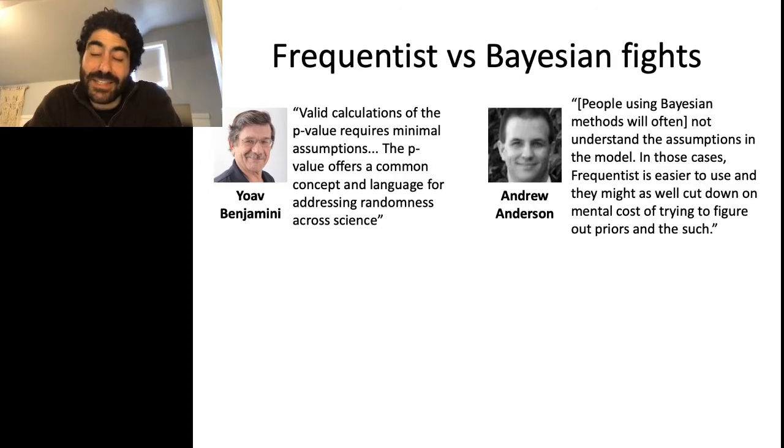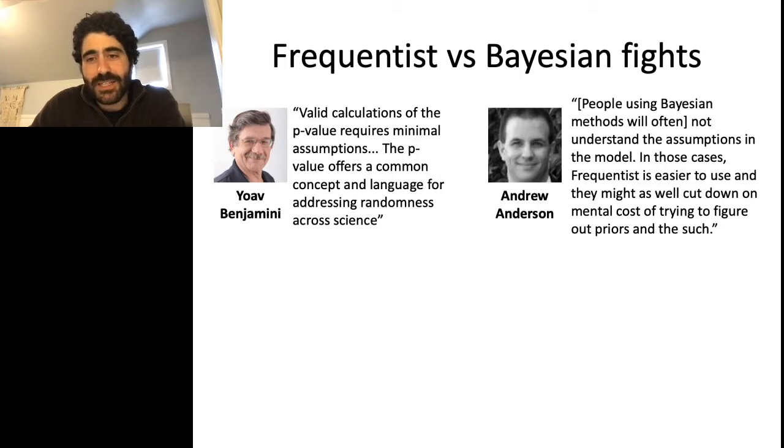I think this is also a practical reason why people often use p-values: they're much easier to compute. You don't have to plug in lots of assumptions, for example about your priors, especially if you want to compute these Bayes factors. They require complicated methods with lots of assumptions.